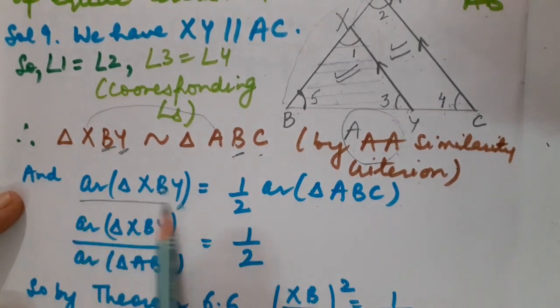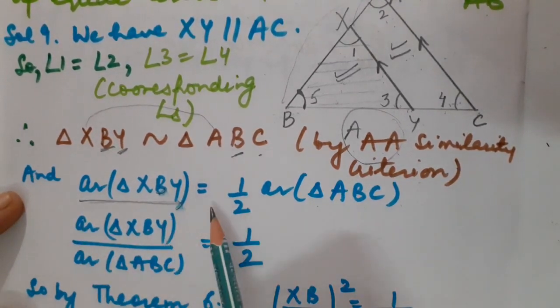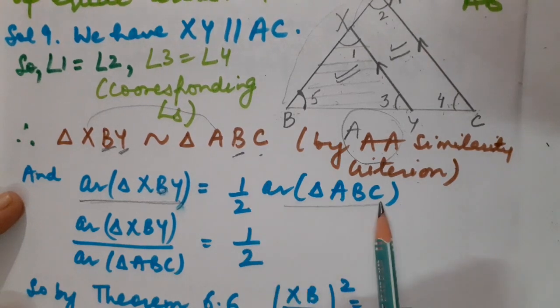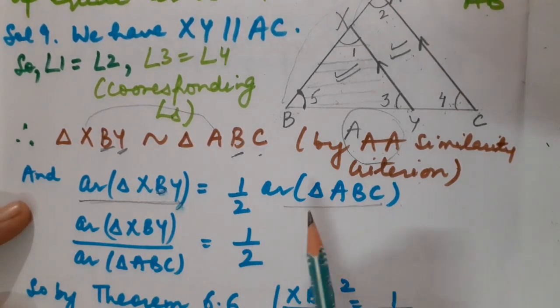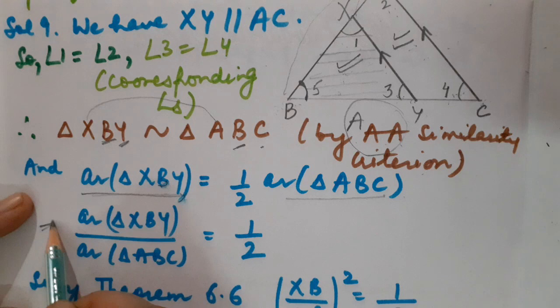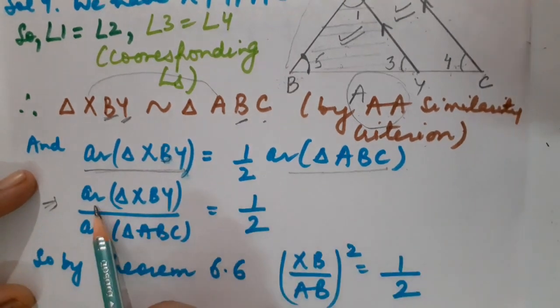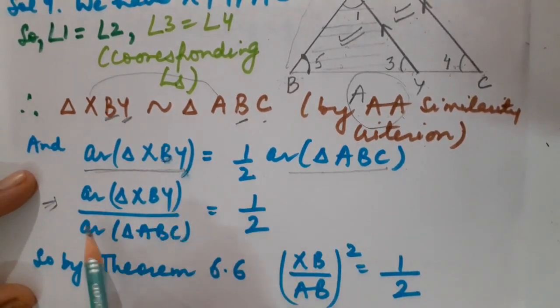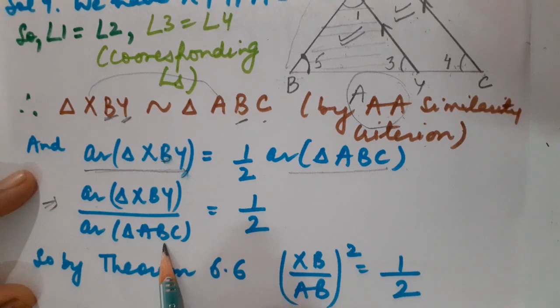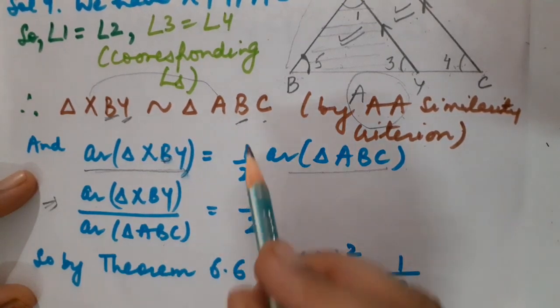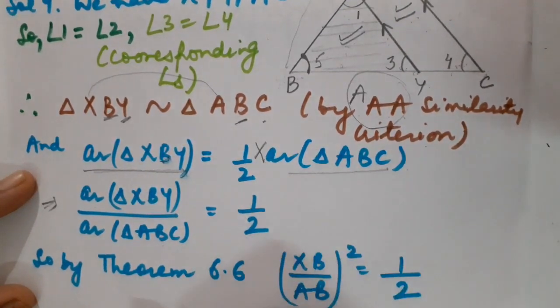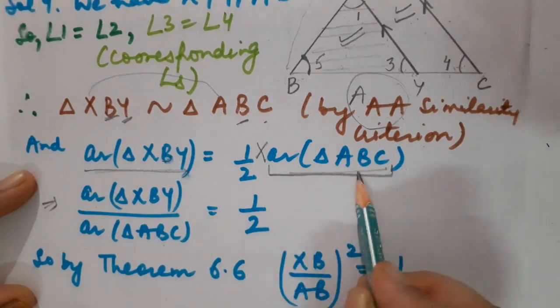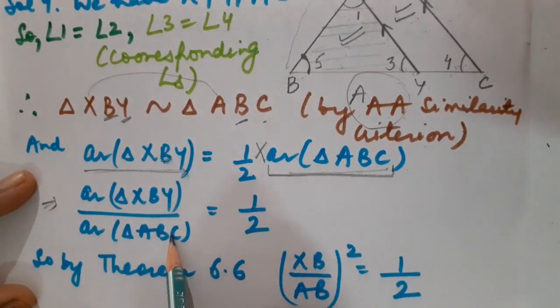So as the area of triangle XBY is equal to half of the area of triangle ABC, then can we write that area of triangle XBY upon area of triangle ABC is equal to 1 by 2? Why? Because they both are multiplying here. So when it goes to the left hand side, it must be divided.